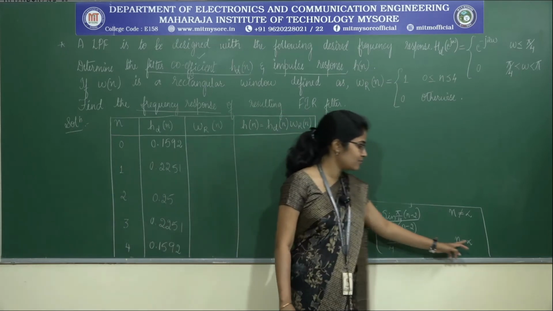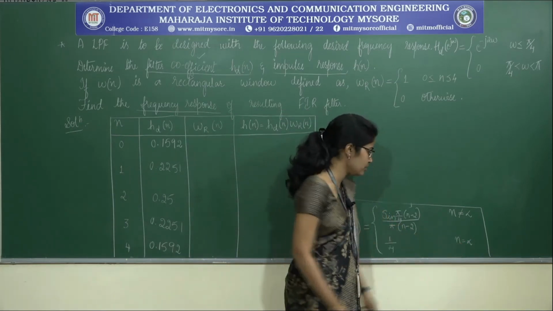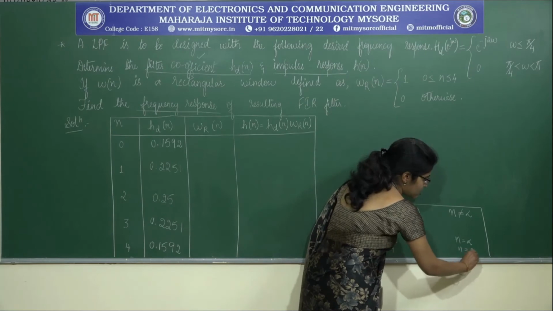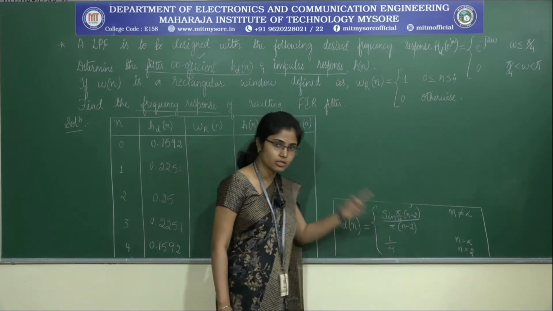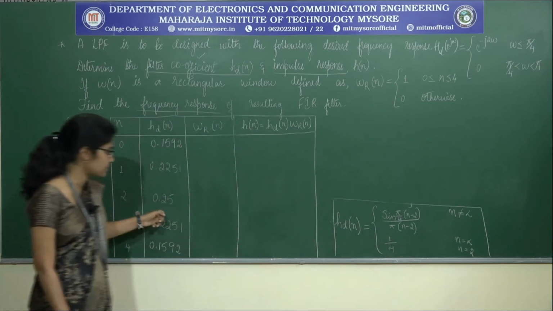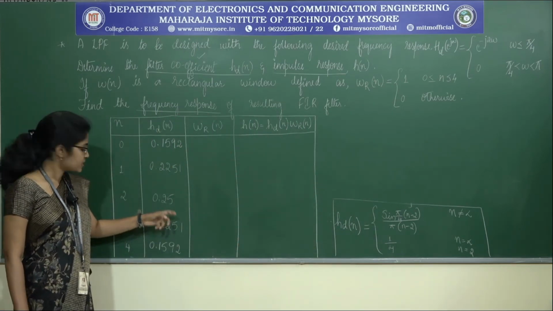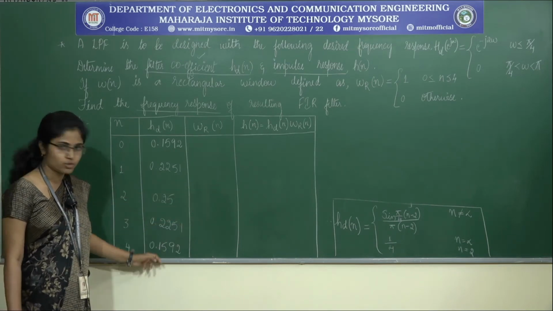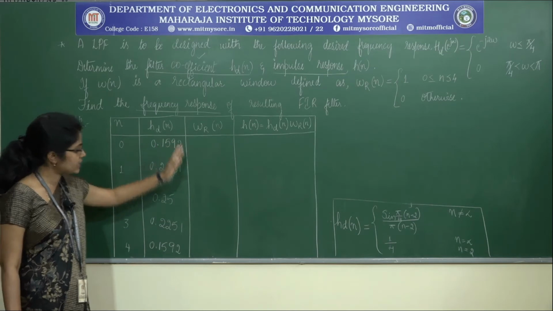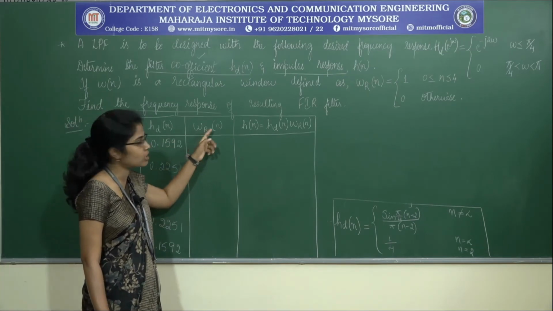We know the alpha value is 2. So here only we are getting the value of n as 2. So when n is equal to 2, what is the value of HD of 2? It is equal to 1 by 4, which is nothing but equal to 0.25. Similarly, substitute the values of 3 and 4 in that equation, which gives us these two values.